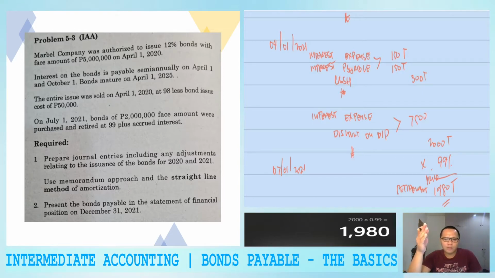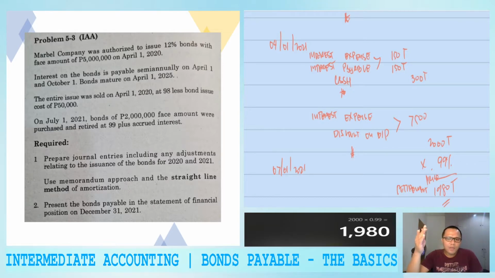That is why the total cash outlay of a retirement should include, number one, the retirement price plus any accrued interest. Remember that, ha? Retirement price plus any accrued interest.